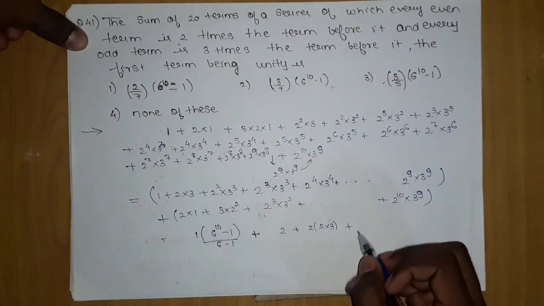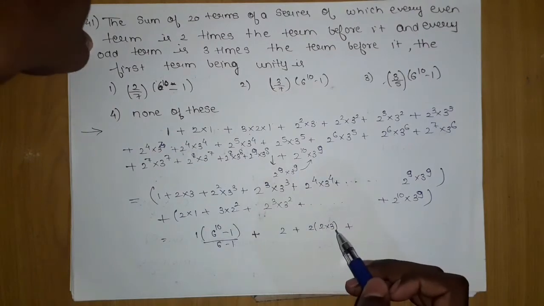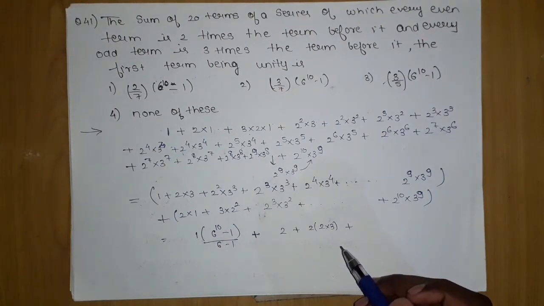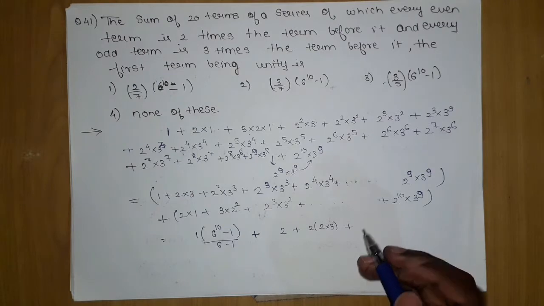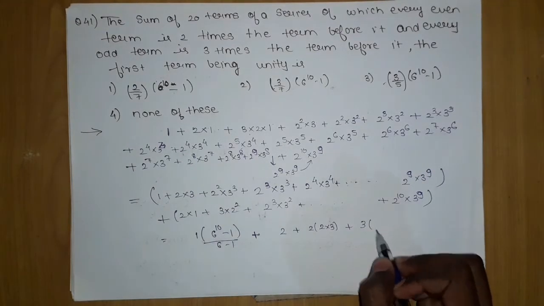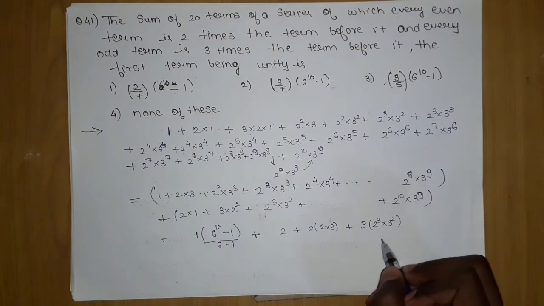Again here we will do what? This will be 3 into 2. This ratio will increase. 2 square, 2 into 3. Now 2 cube into 3 square, and so on it will go on.